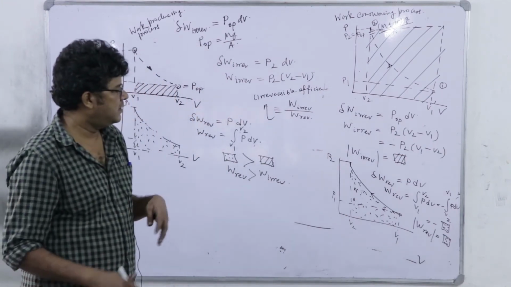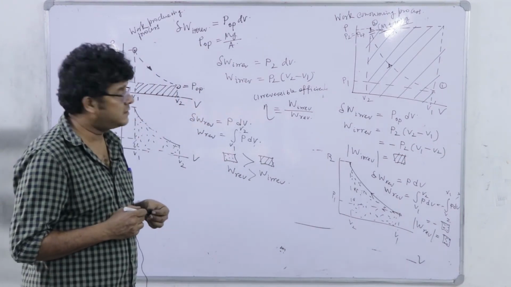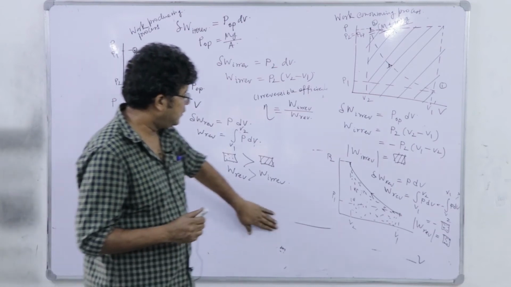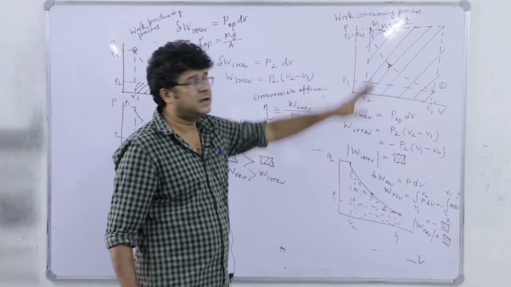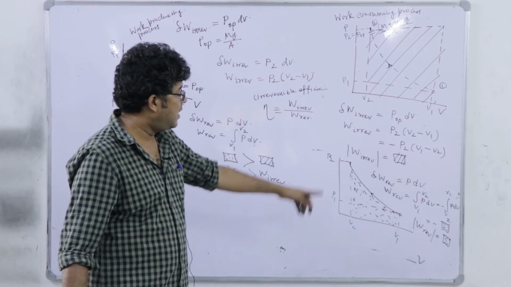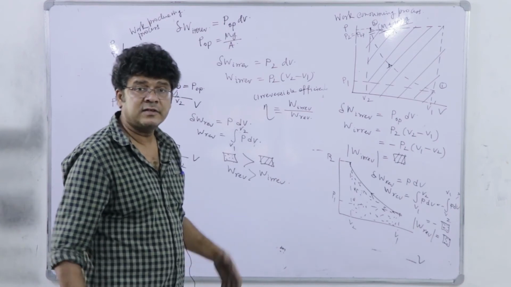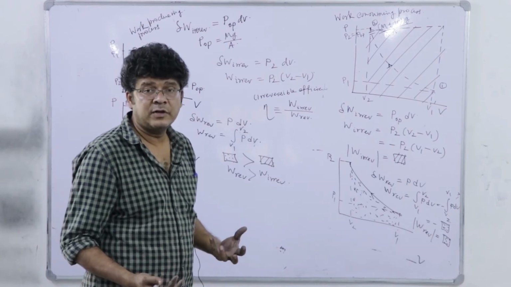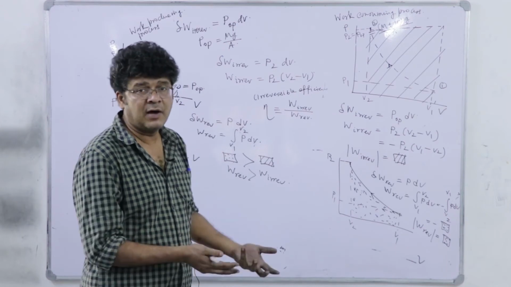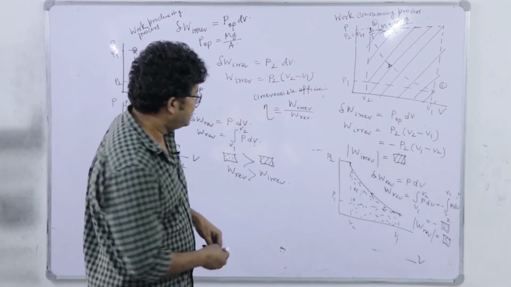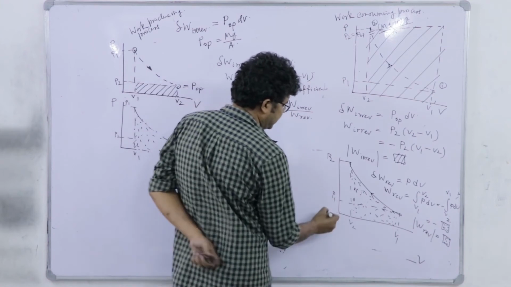So you see, to bring this same change of state, we require higher amount of work in the irreversible process and lower work in the reversible process. So here work is the input. So less input, same output. Definitely that is the more efficient process.